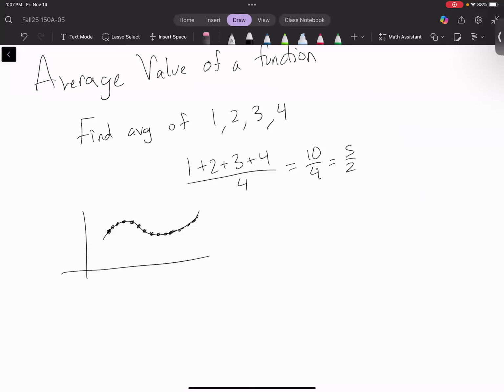Well, one way I want you to think about it is just even though there's infinitely many y values, intuitively, what we would do is, okay, let's add up all the y values and divide by how many y values we have. Now, again, because we're dealing with infinity here, we can't just simply do it like that.